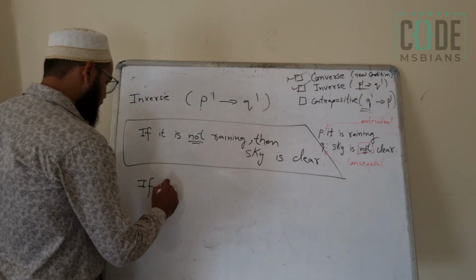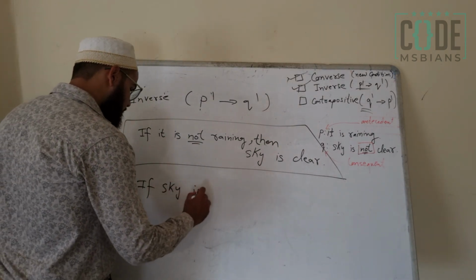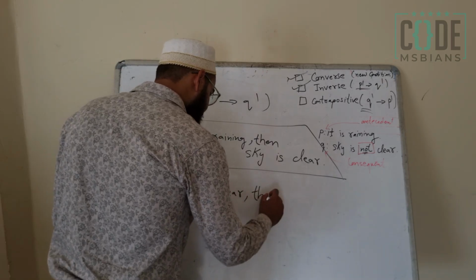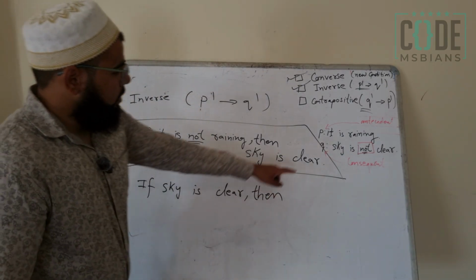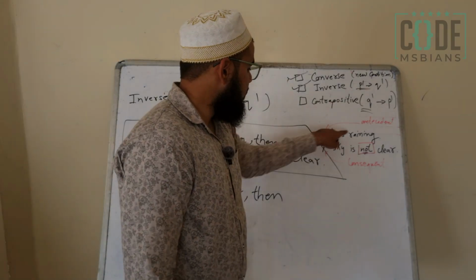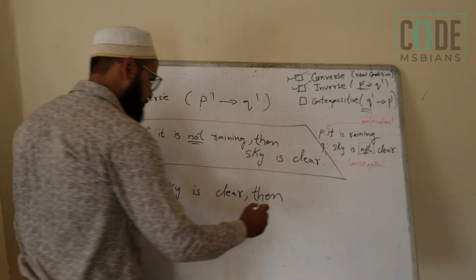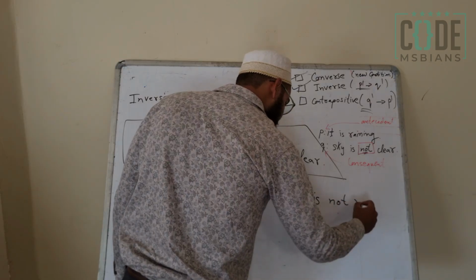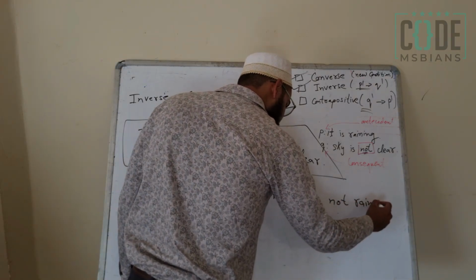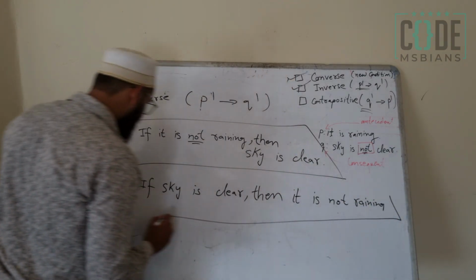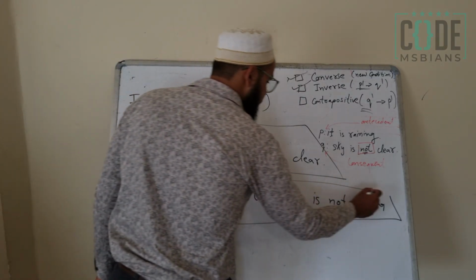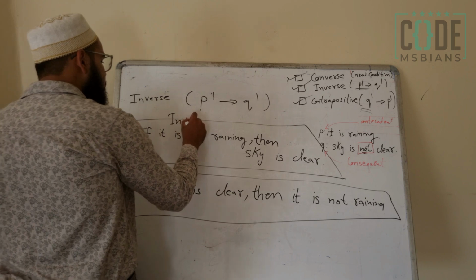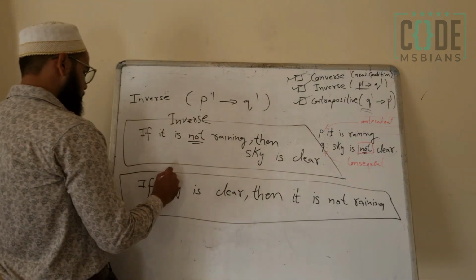Sky is clear. So if sky is clear, then P complement, it is raining, so it is not raining. This statement particularly is the contrapositive. So this one was inverse and this one is contrapositive.